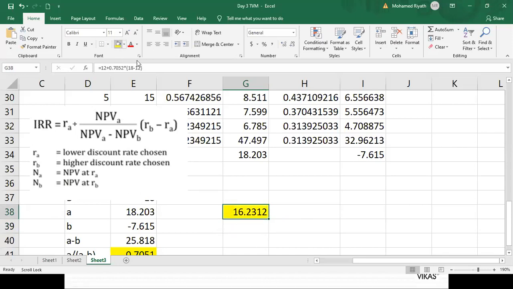The answer is 16.23. This is IRR. This is KD.